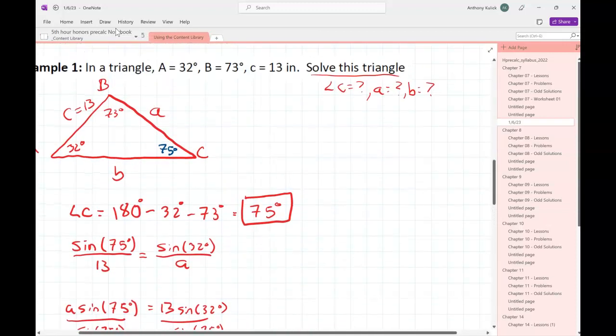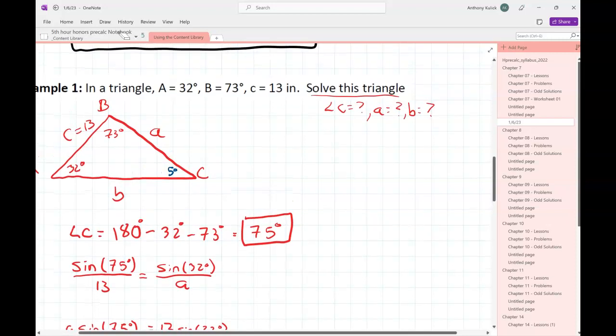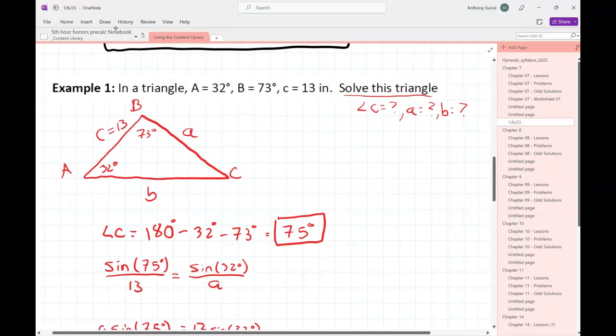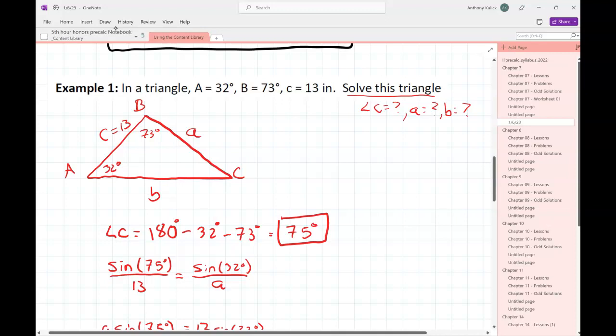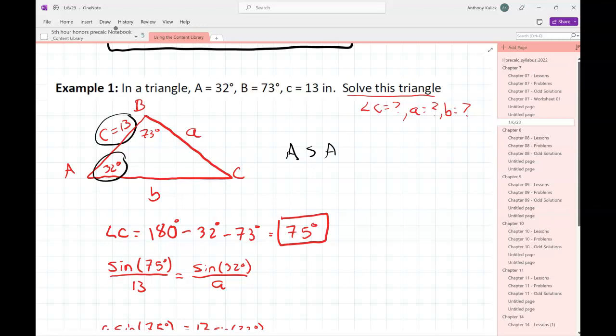So if we go back to the first example, I'll erase this thing. Which one was this? Was this angle side angle or angle angle side? It is not angle angle side. Well, we don't have two sides. This is angle side angle. Yeah. And the reason I can tell is because I notice the side length is an arm in both angles, right?